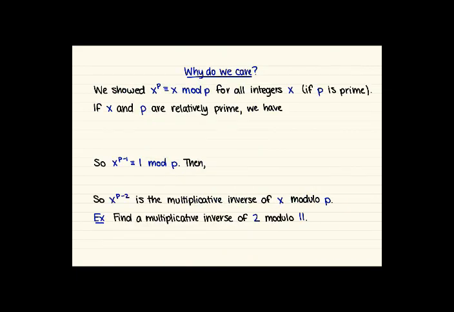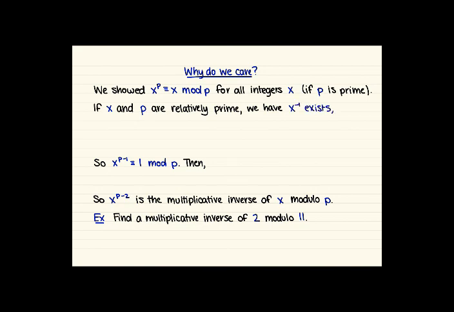Alright, so this is kind of a cool fact, but maybe it's not so clear at this point why we should actually care about this. So we just showed that x to the p congruent to x mod p for all integers x if p is prime. And if x and p are relatively prime, then we have that x inverse exists.